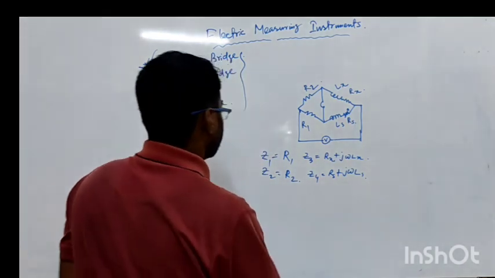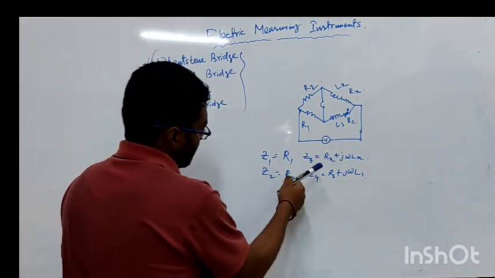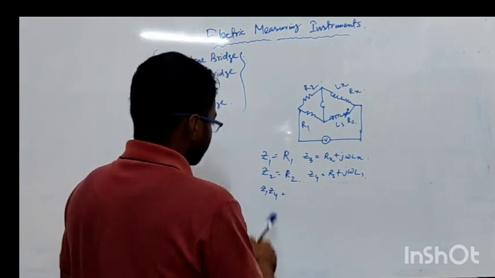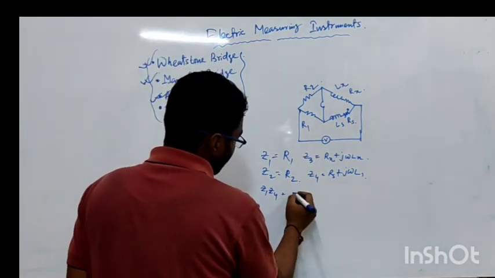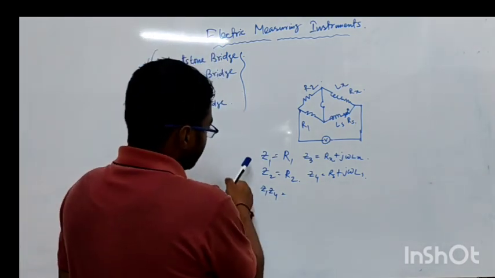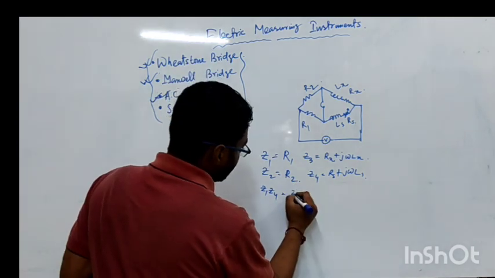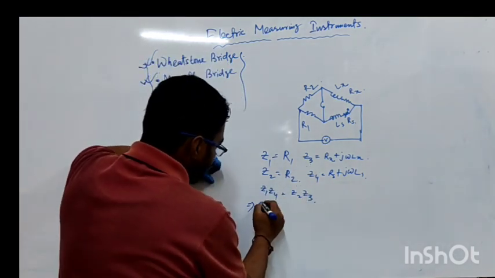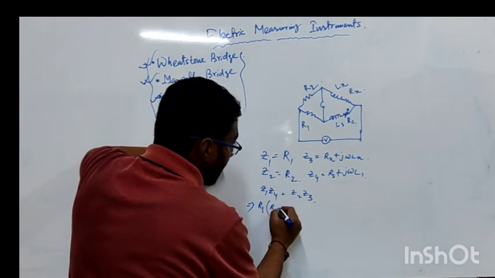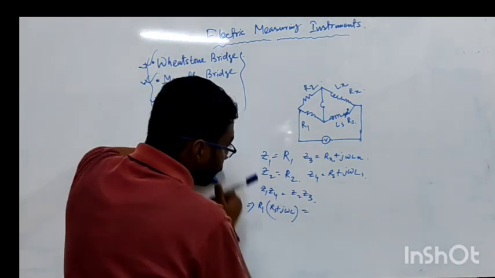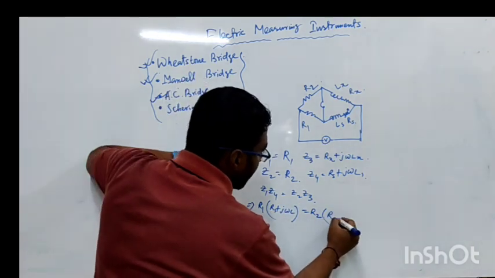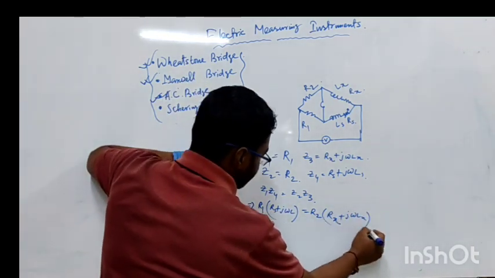So if we multiply R1 and R4 according to the null condition, Z1 into Z4 equal to Z2 into Z3. Z1 is R1 and Z4 equal to Rs plus j omega Ls, that is equal to Z2 Z3. Z2 means R2, and Z3 equal to Rx plus j omega Lx.